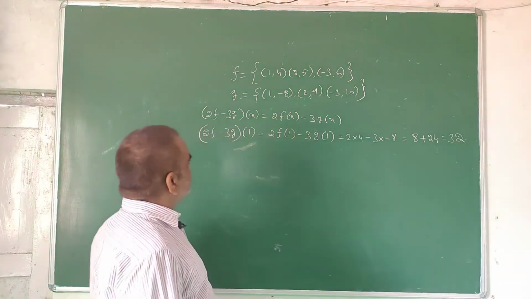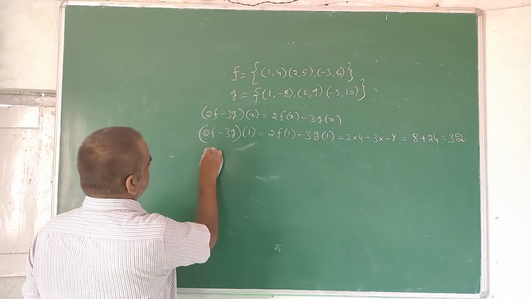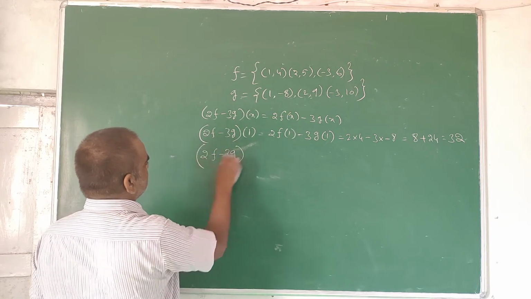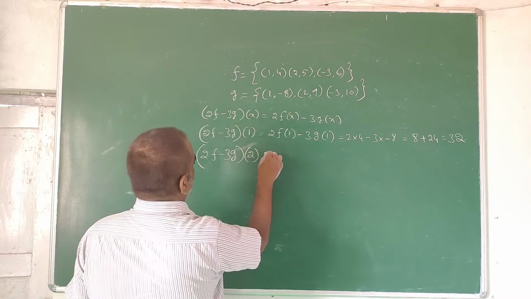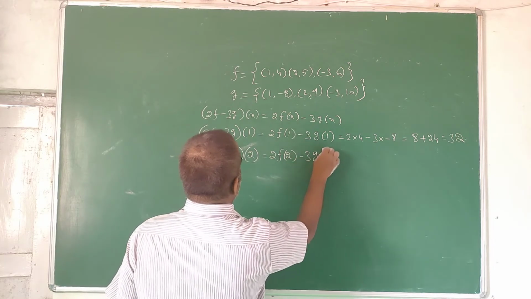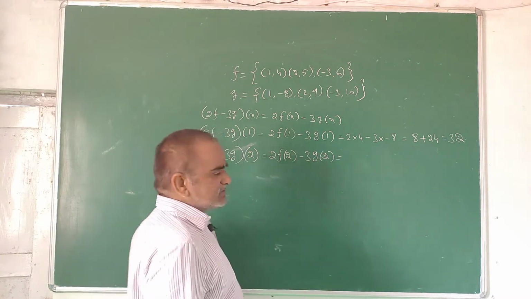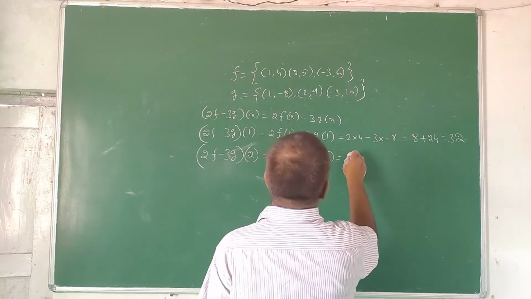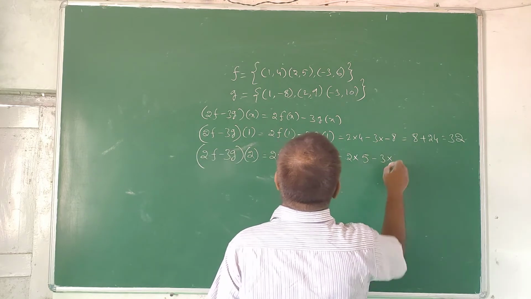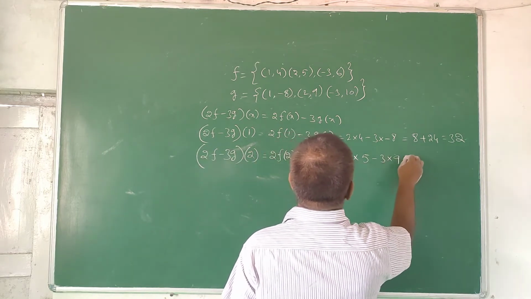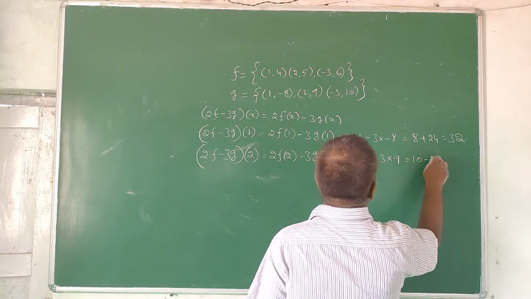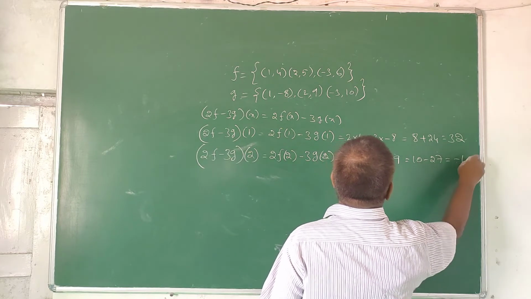Understood? So next x value you have to take 2. So (2f minus 3g) of 2 is equal to 2 into f of 2 minus 3 into g of 2, which is equal to 2 into f of 2 is 5 minus 3 into g of 2 is 9. This is equal to 5 2s are 10 minus 27, which is minus 17.